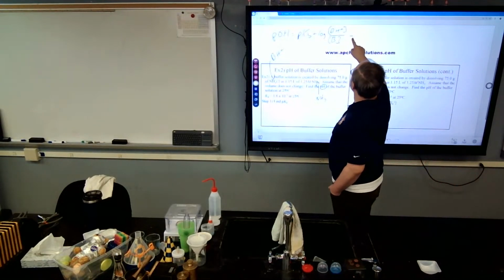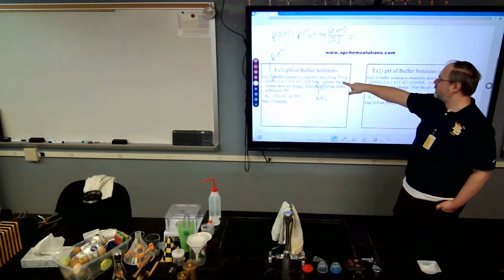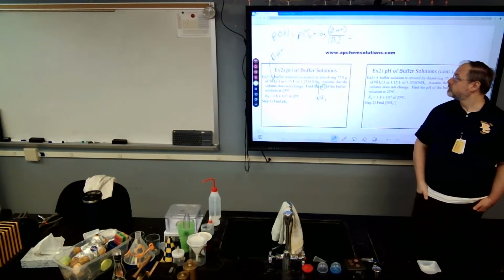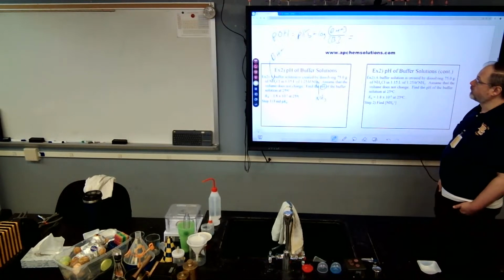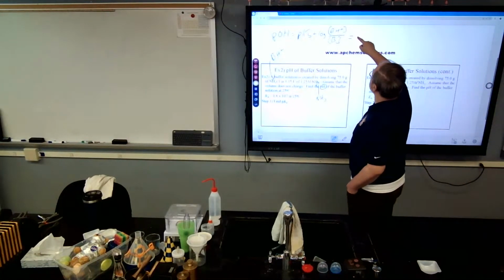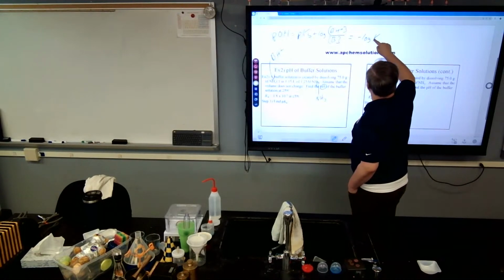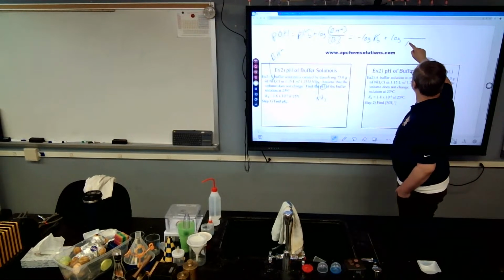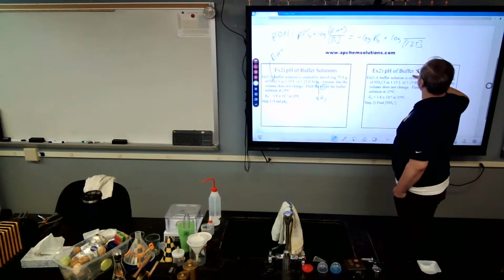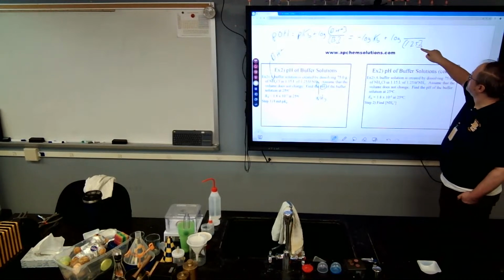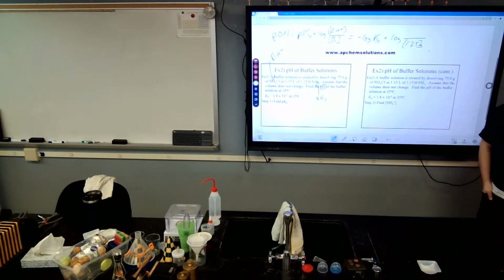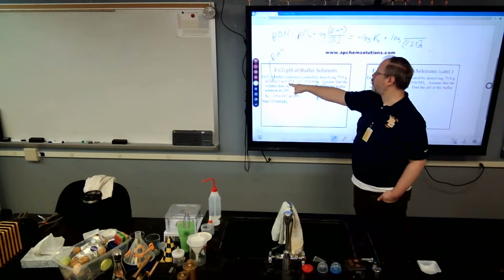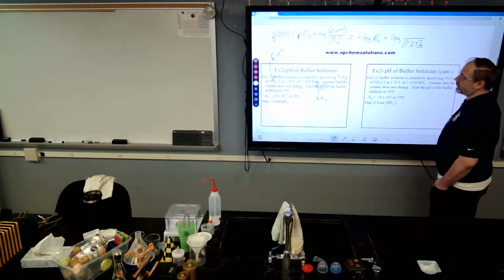So what we're going to do is, how many moles of ammonium chloride is 75 grams? 1.4. So 1.4 moles over 1.15 liters. This is going to give us our concentration of BH plus.